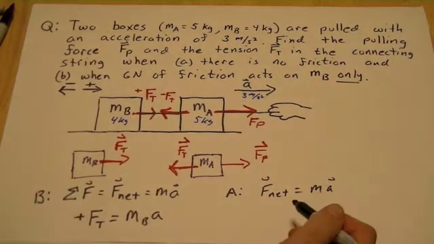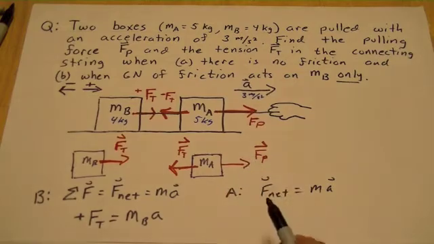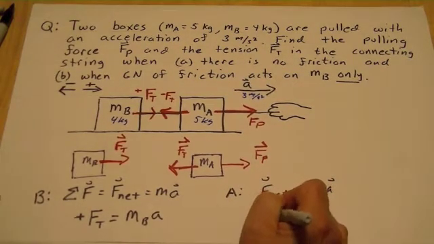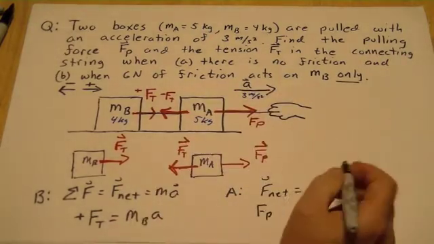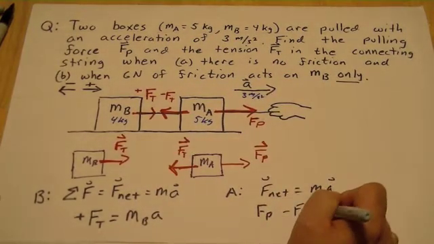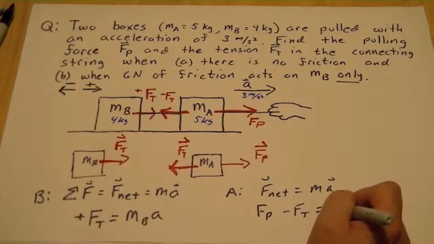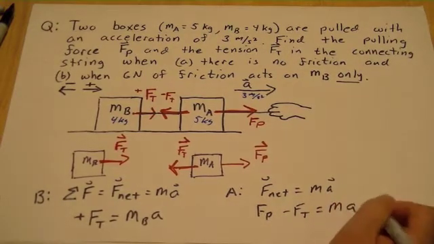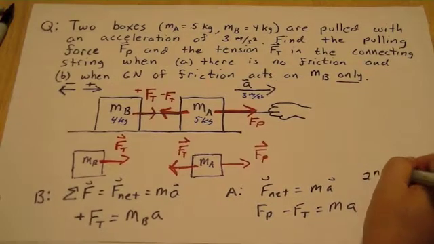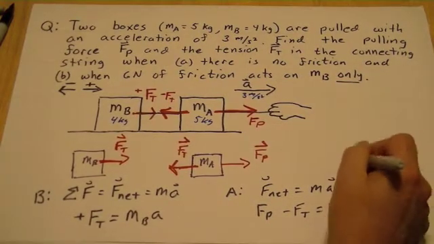But now I have to be careful of signs. There are two forces acting on box A. So I will say that Fp, the pulling force, which is in the positive direction, minus Ft is equal to mass times acceleration. And again, this is Newton's second law.